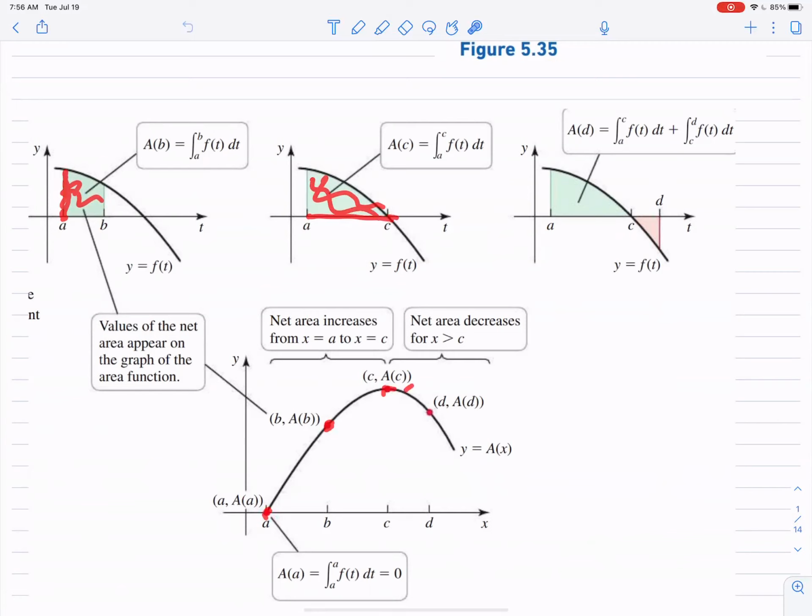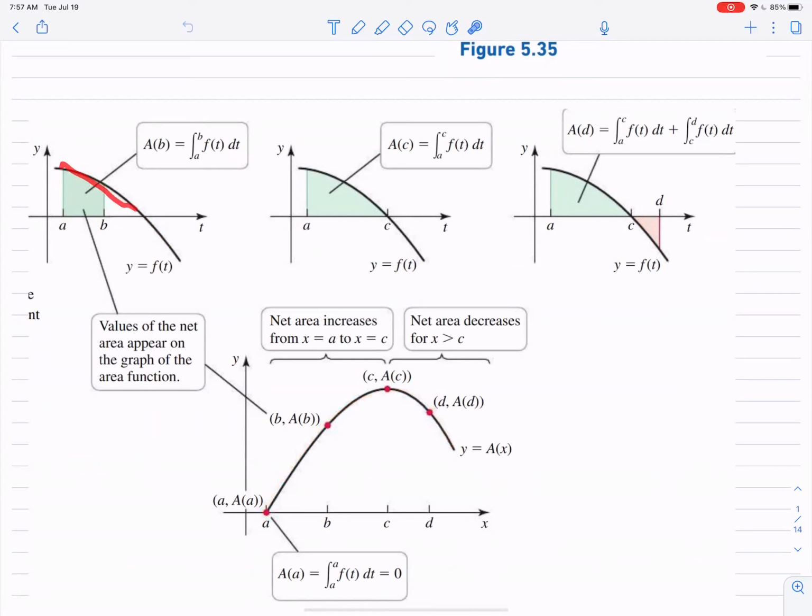But then as we move past c and start adding this area, that area is negative, so the net area goes down. As this function, the area is increasing, and then it gets to a maximum right here, and then the net area starts to decrease. And so that's why this function over here almost seems like it's the derivative of this function, right?